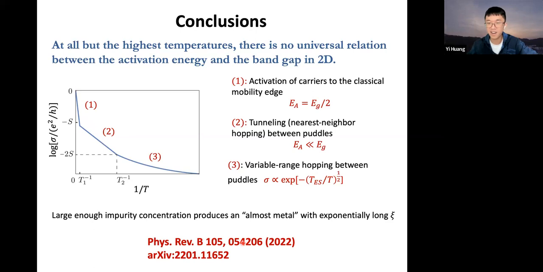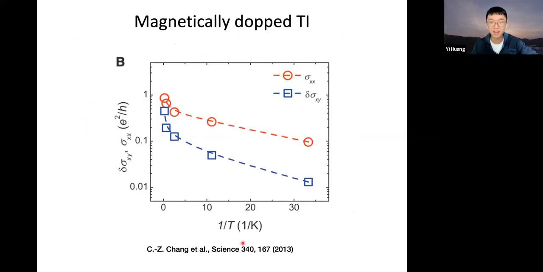And before I end my talk, I would like to show you some experimental data. So here is a plot of the logarithm of conductance as a function of inverse temperature, taken from Chang's group. And this is a magnetically doped topological insulator.